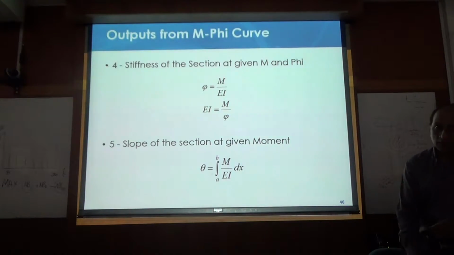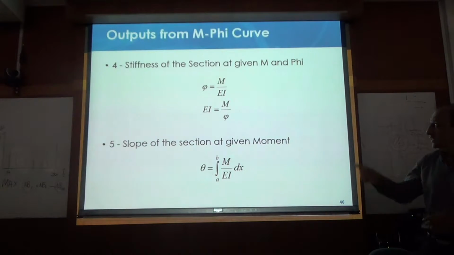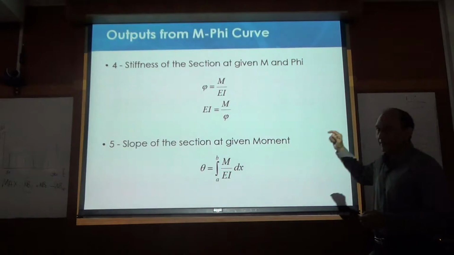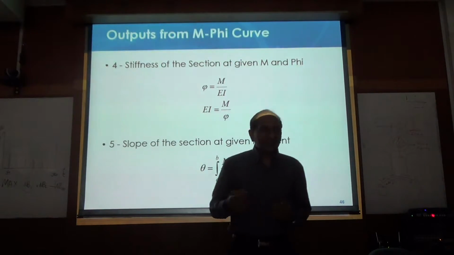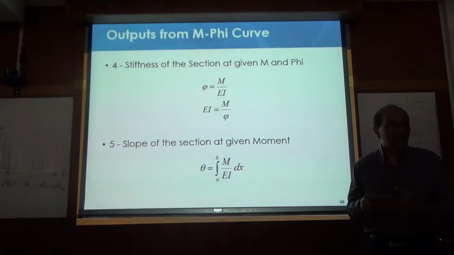Then number 4, very important, you can get the stiffness of the section at any given moment or curvature, because there is a relationship between curvature and moment. So curvature is equal to moment divided by stiffness, correct? So moment divided by EI. Now in this case, we do not need to calculate the cracked section properties or equivalent E or anything. We just calculate the combined multiplier of E and I, and that is stiffness.